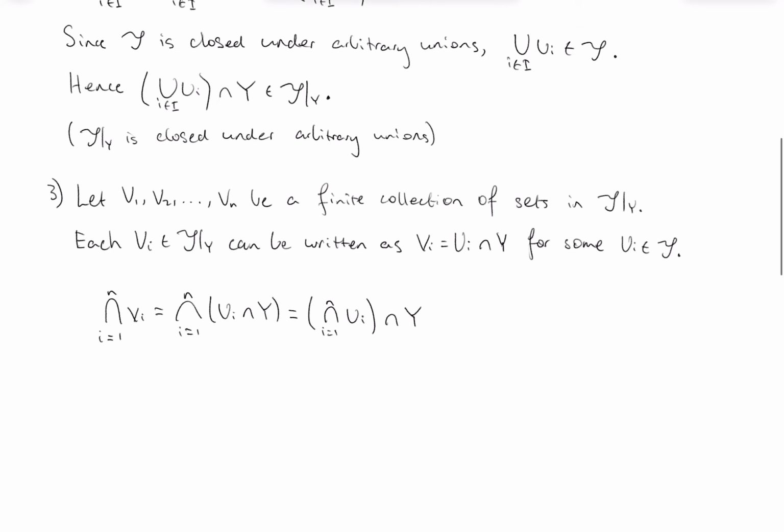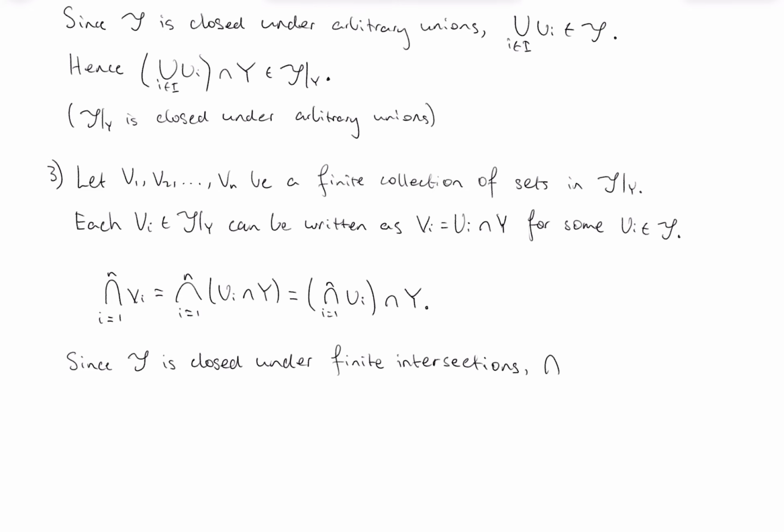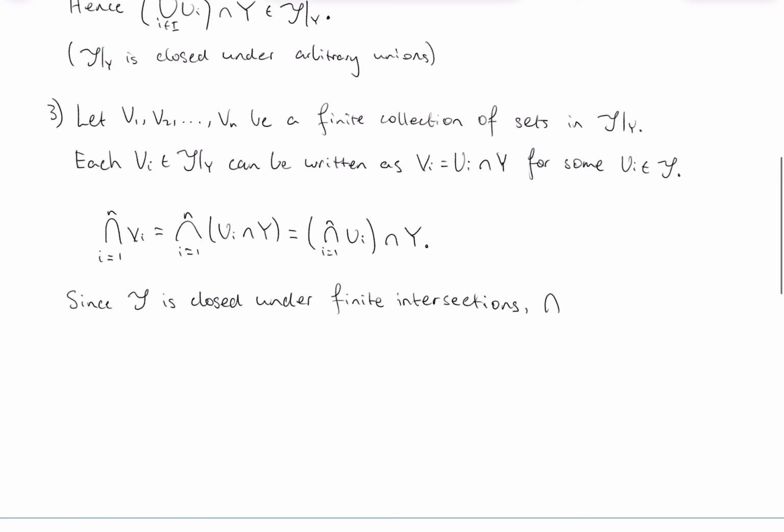So since the topology is closed under finite intersections, we have that this bit here, the intersection up to n of these Ui's, is in the topology.